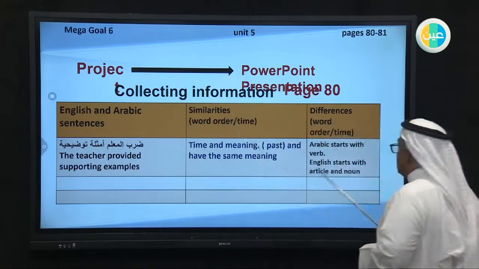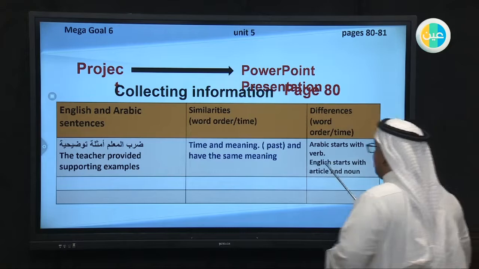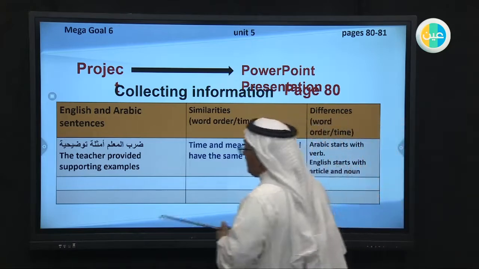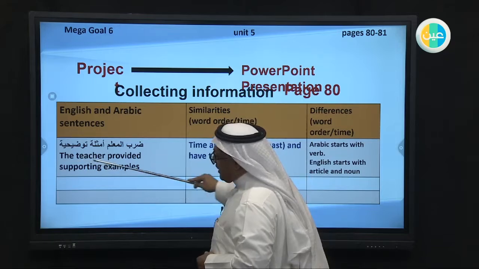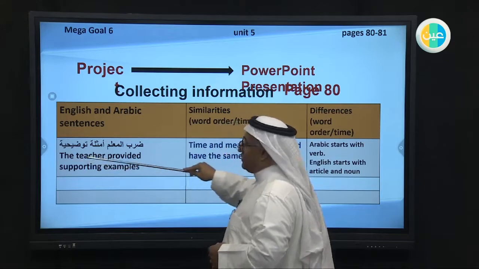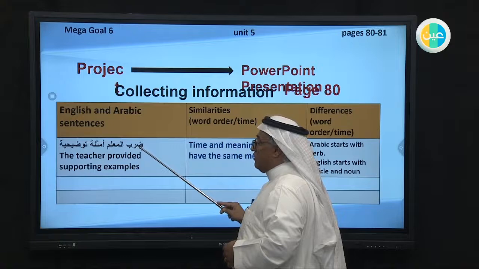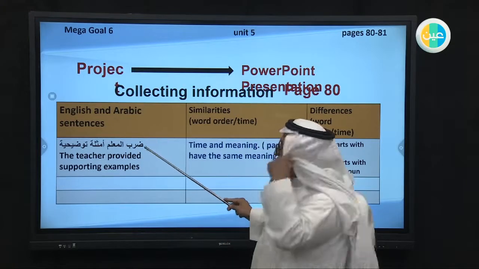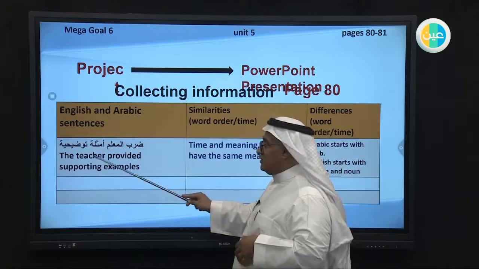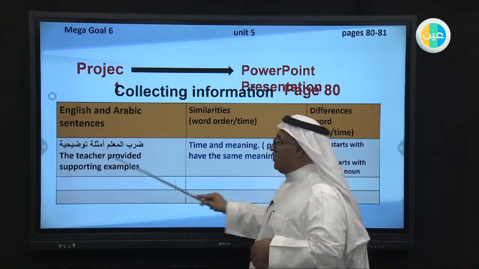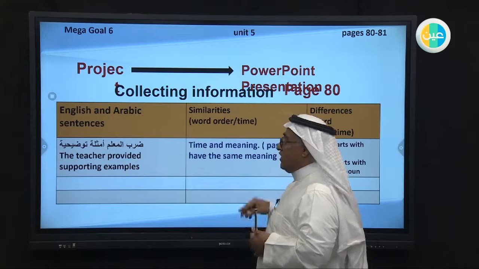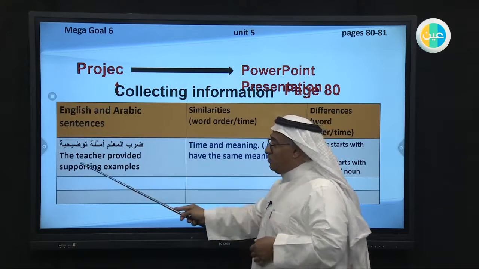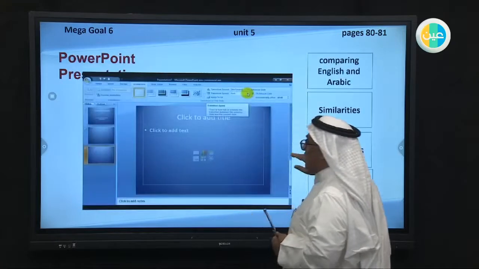In English it starts with the article and noun, but in Arabic it starts with a verb.